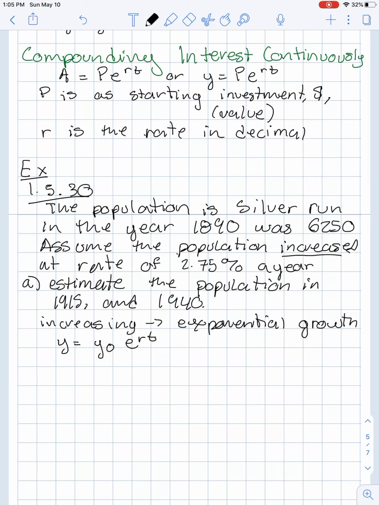All right, so then we have some unknowns. I need to know what my initial value is and my r is. So we're told that in 1890, we'll call that time 0. y naught is going to be 6250, and my r is going to be 2.75%.